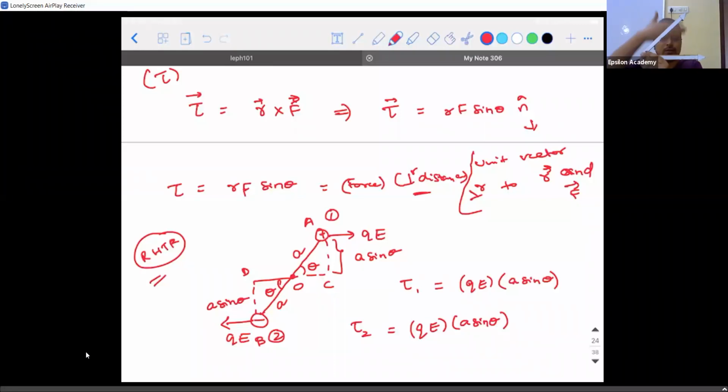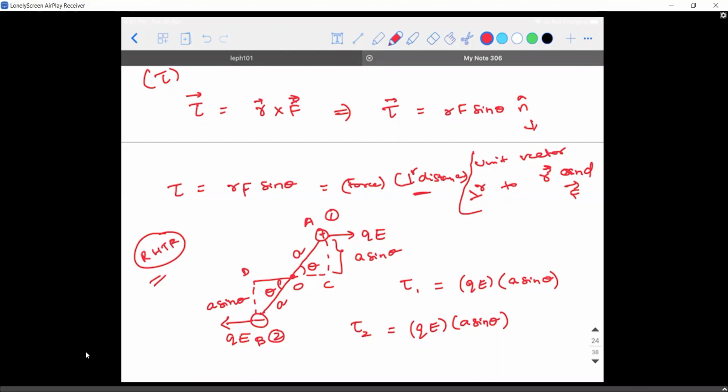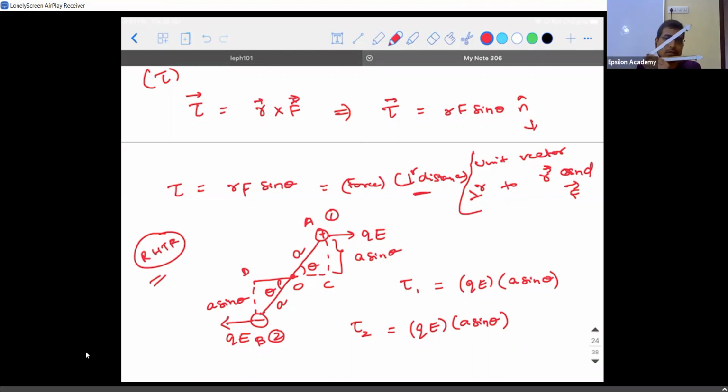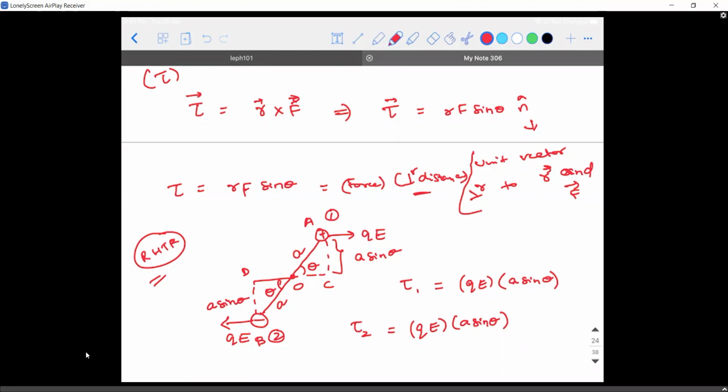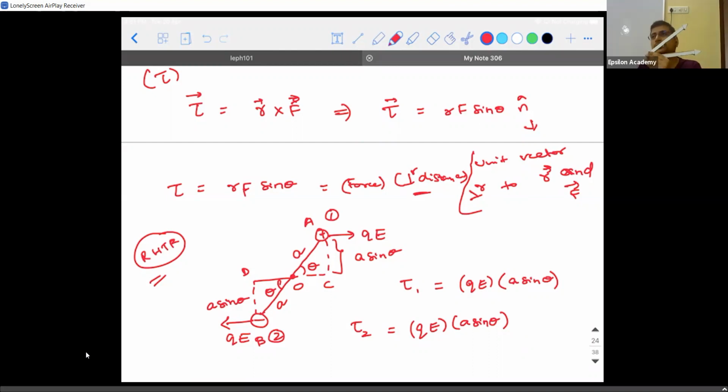See, if this is taken as a plane, I'll call this the x-axis and this the y-axis. Which plane are these two in? You need to visualize it. They are in the xy plane. Then how can n cap also be in the same plane? It should be the z-axis, but which z? Don't guess, be sure, because you need to apply this at many places. Learn this concept now.